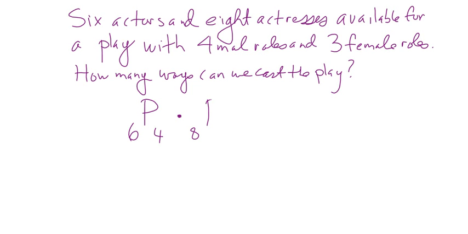And how many do we need? 3. Okay, this gets a little bit easier than writing down 7 blanks and filling them in. So we just say, okay, look, we've got 6 actors, we need 4 of them. That's 6P4. We have 8 actresses, we need 3. That's 8P3. We need to multiply those 2 together. And what do we get when we do that?